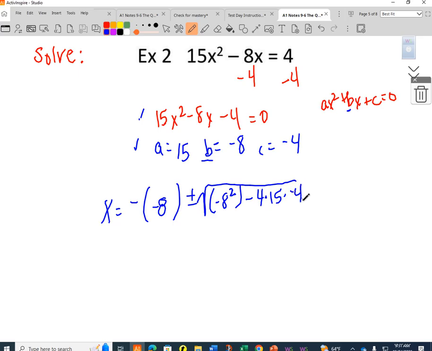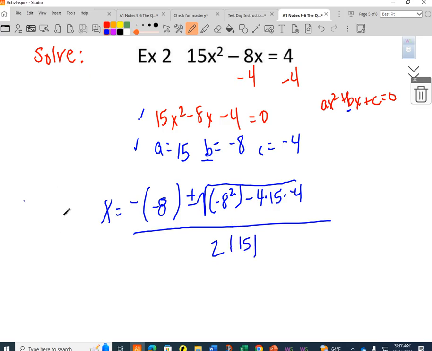So b squared, negative 8 squared, minus 4 times A, that's 15, times C is negative 4. You with me? All divided by 2 times A. What is A? 15.